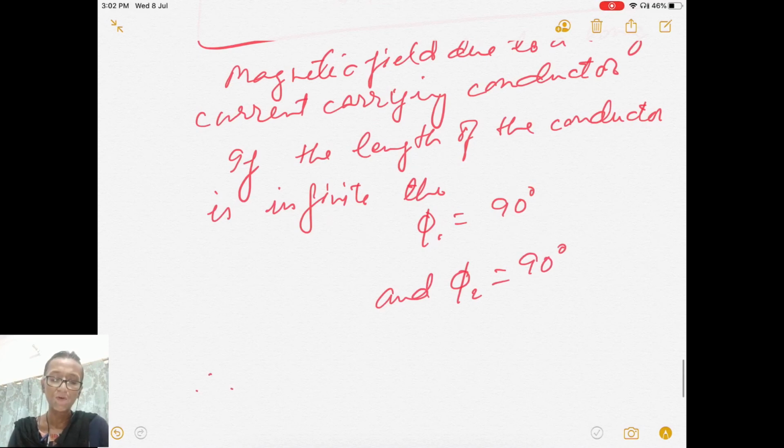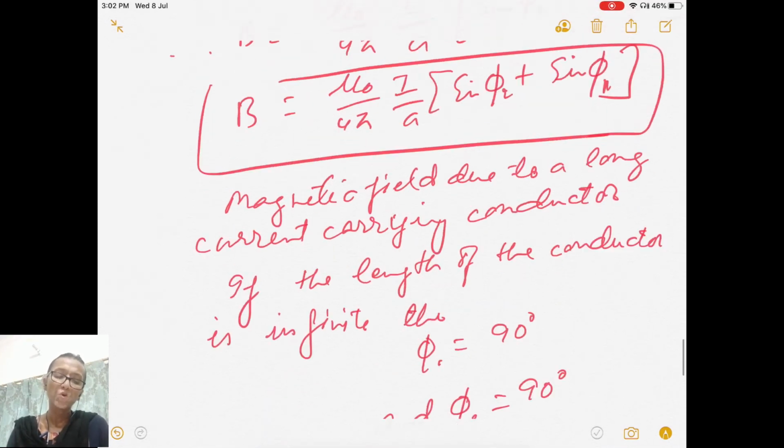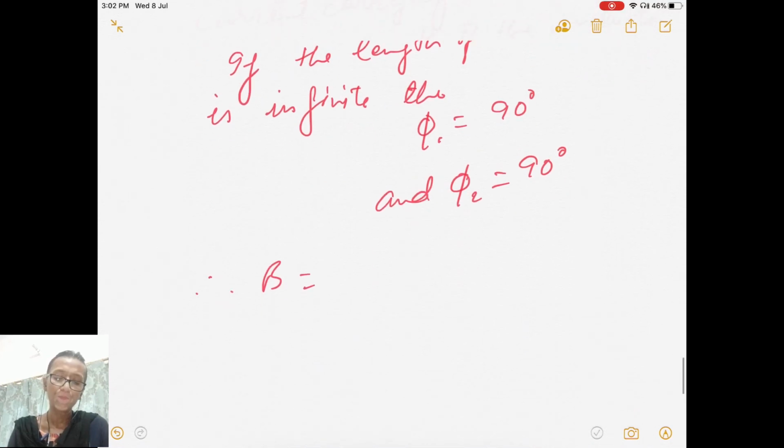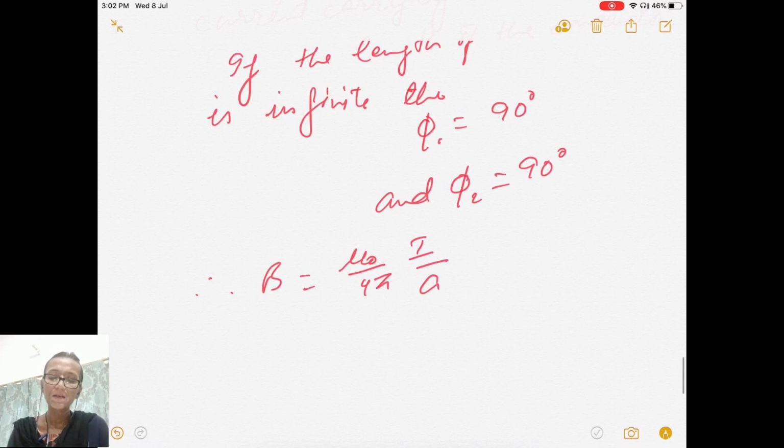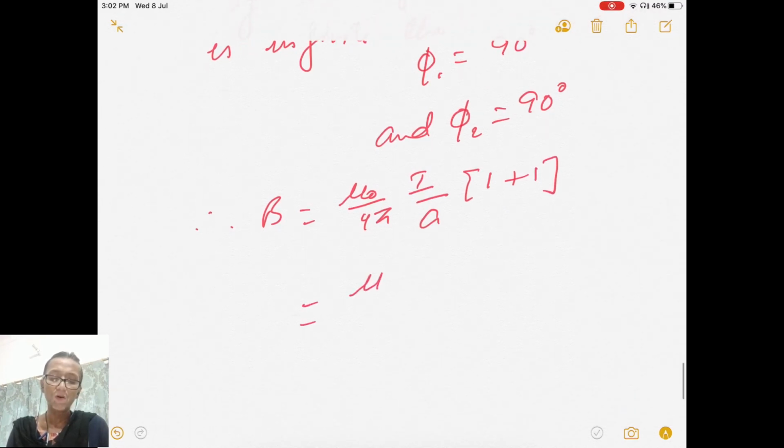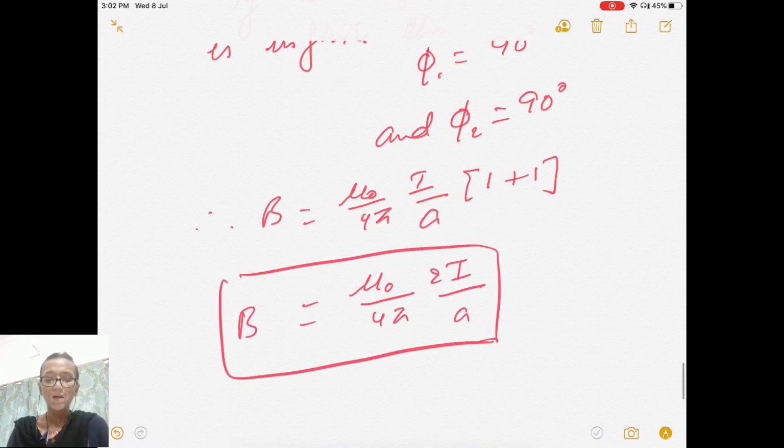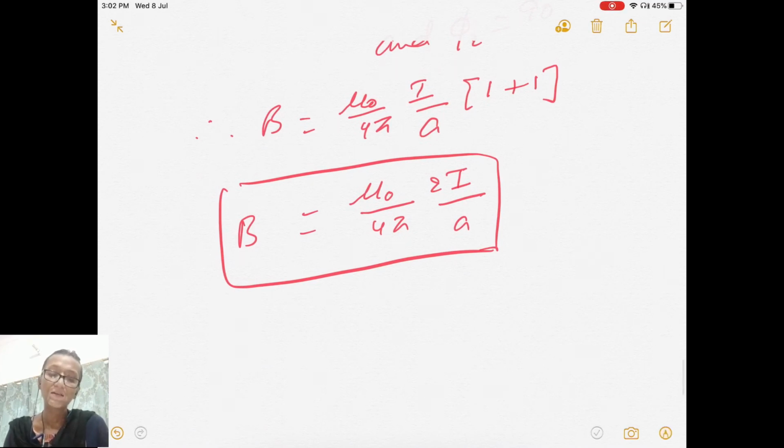Therefore B is equal to mu naught upon 4 pi I upon A, the perpendicular distance, into sine 90 which is equal to 1, plus sine 90 which is equal to 1, and this becomes equal to mu naught upon 4 pi times 2I upon A. So now I conclude: the magnetic field due to an infinitely long current carrying conductor is equal to mu naught upon 4 pi times 2I upon r. So here I conclude.